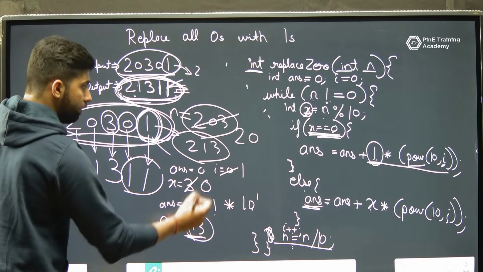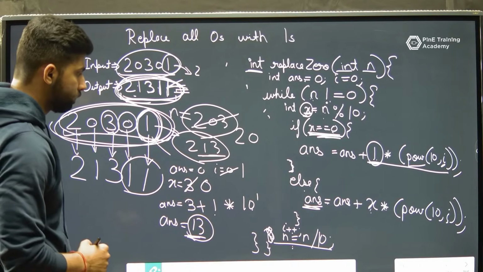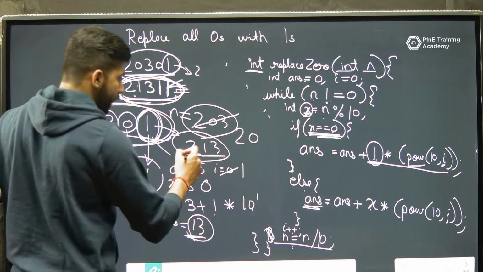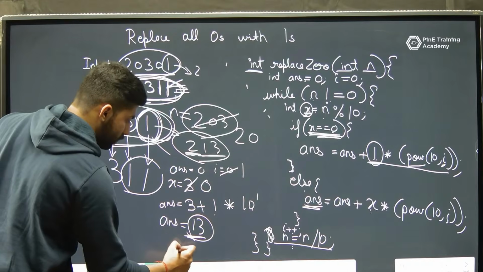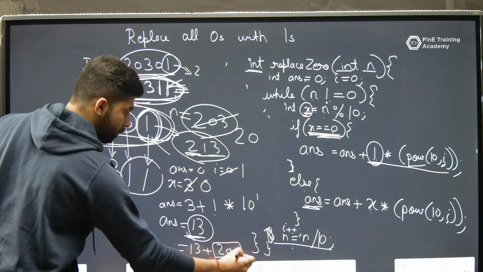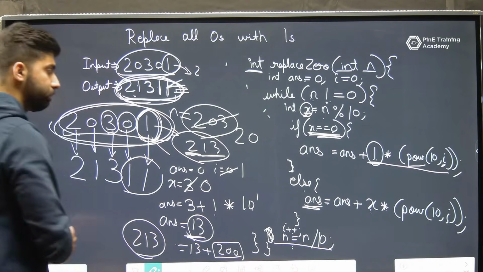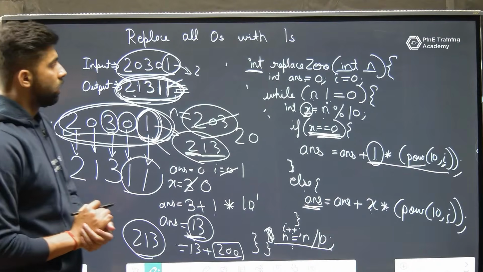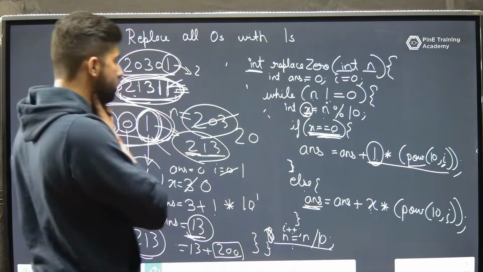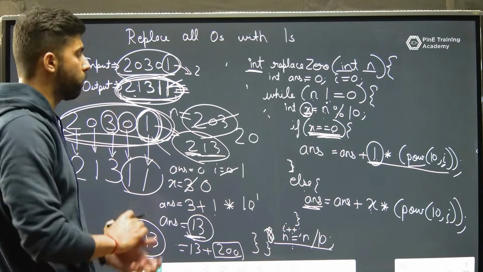That means, if you see, we have formed the number till this particular point. And in the same way, next we will get 13 plus 200. This will be the next iteration, and we will get 213. So this is the code for this particular problem.